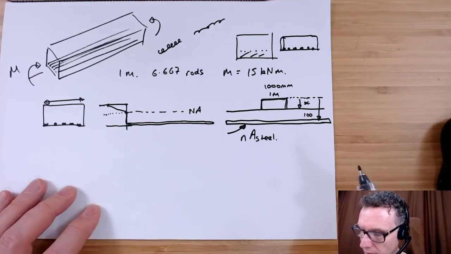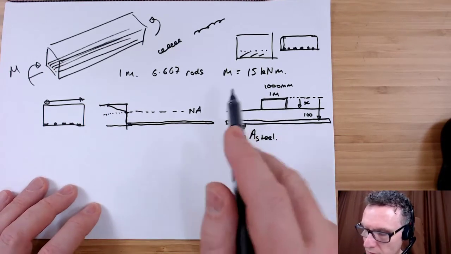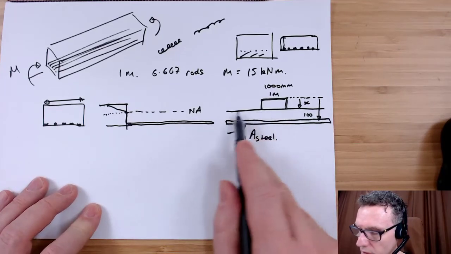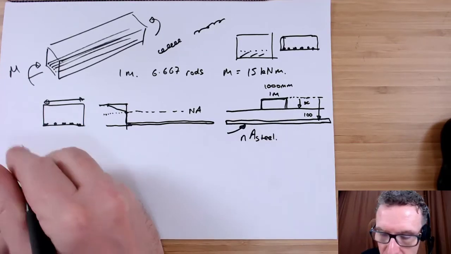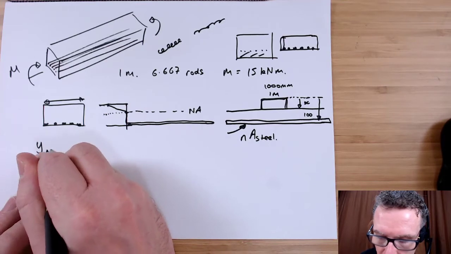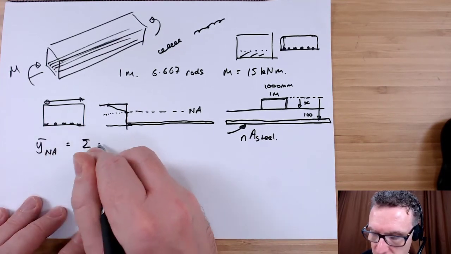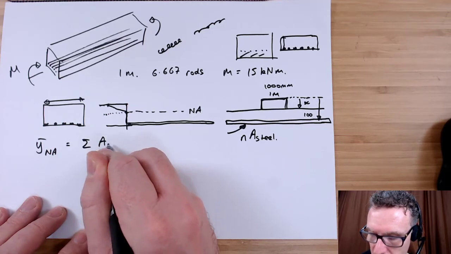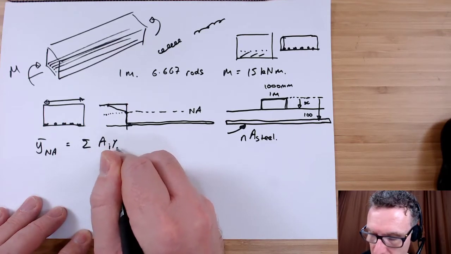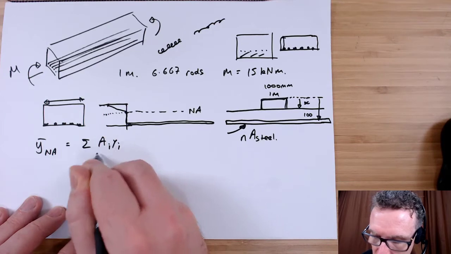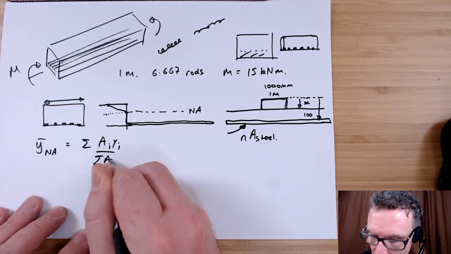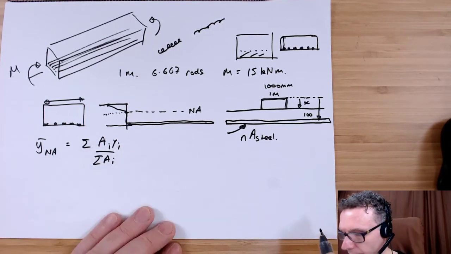Right. So the first thing I want to do is try and establish where this neutral axis is. So I know neutral axis is given by sum of areas times by their centroids divided by sum of areas.